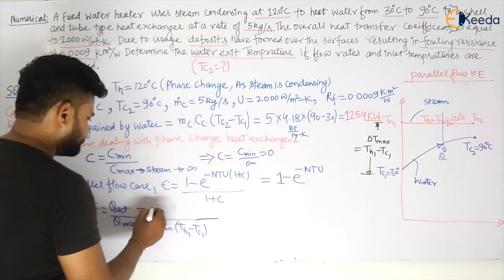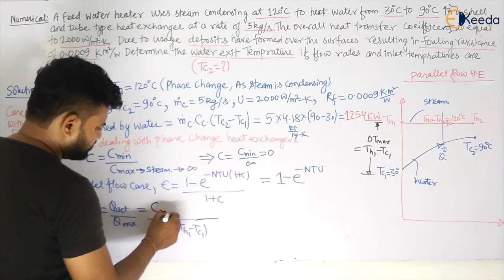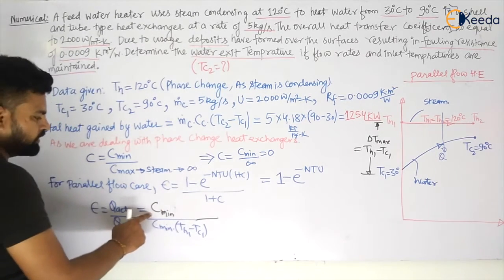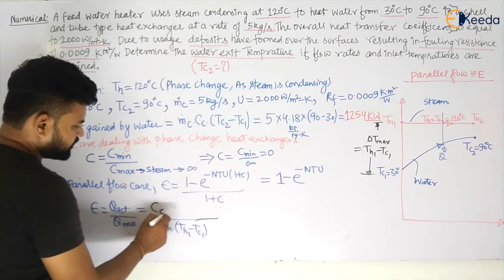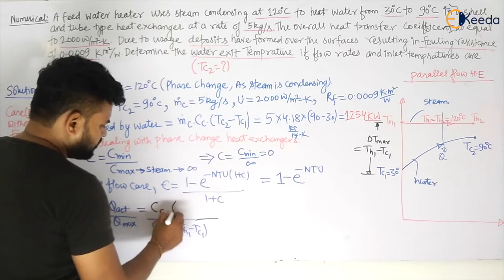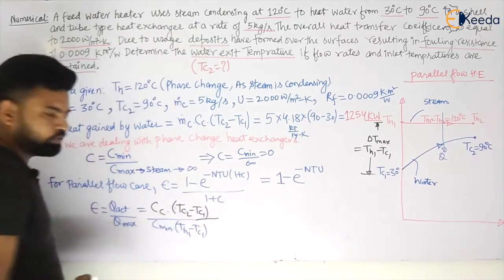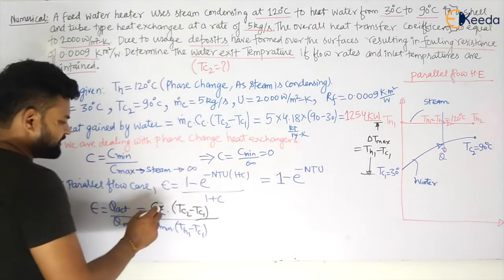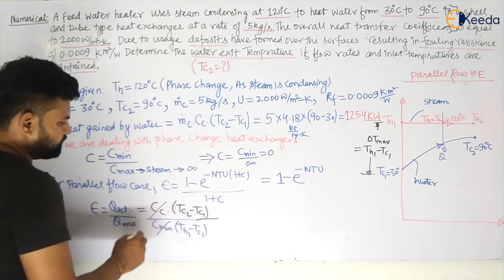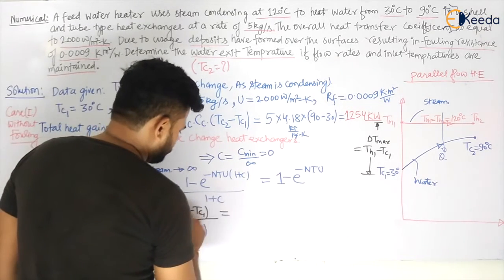And what is the cold fluid undergoing? I am taking only C minimum for the cold fluid, that is Cc into Tc2 minus Tc1, my dear students. Yes or no? Now as Cc is for the cold fluid and this is the same, we can directly calculate now. What is the value of Tc2?